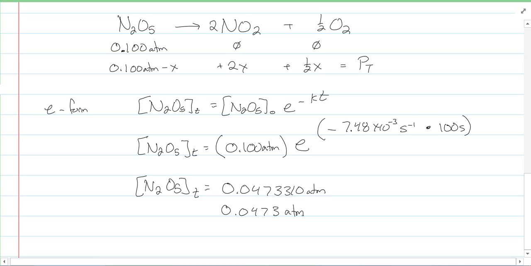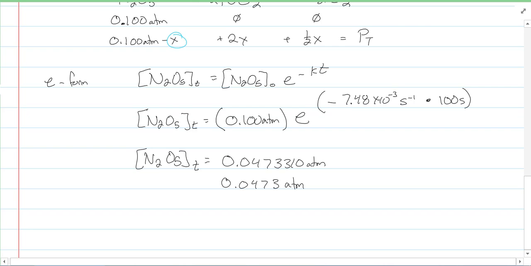So this x here that we're talking about is going to be the difference between the original concentration, N2O5 at time 0, which is 0.100 atm, and N2O5 at time t, which is 0.0473 atmospheres.